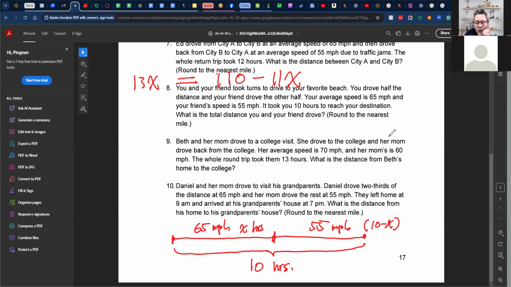Well, remember our end goal is to get x equal to something, right? So that means anything to do with the variable has to move to the left. So how do you move 11x to the left?